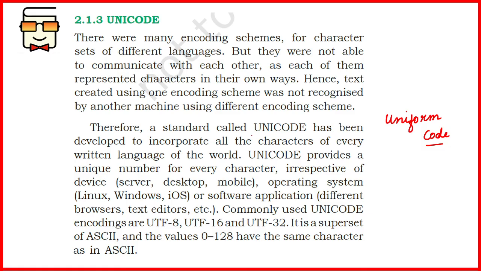So an encoding scheme that was developed to solve this purpose was known as Unicode, and Unicode basically provides unique character codes to all the characters of different written languages that are spoken across the world. Okay, so why was it developed? To standardize and to develop a single code that represented all different languages that are written across the world.